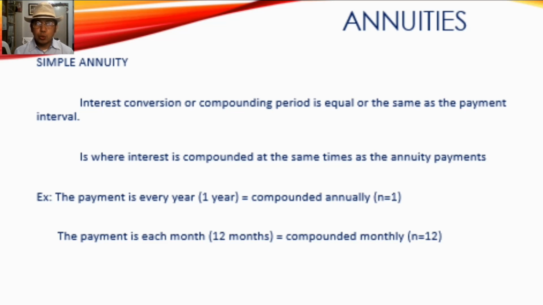Now, if the compounding period and the payment interval are not equal, meaning to say the problem is a general annuity. Okay, so general annuity. Let's continue.